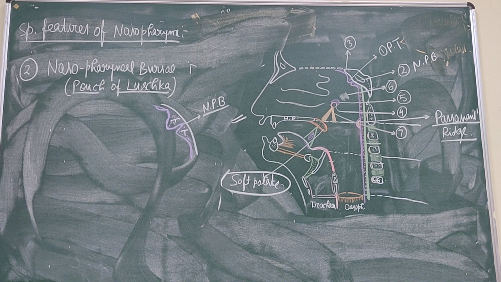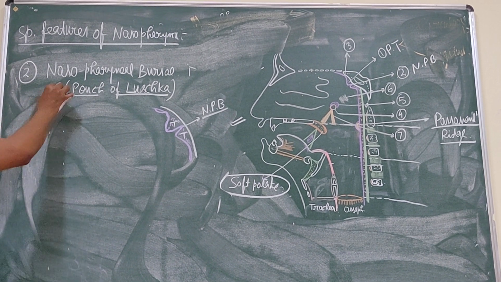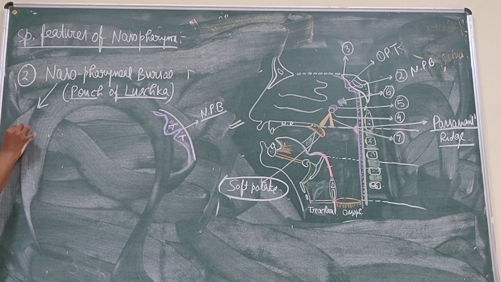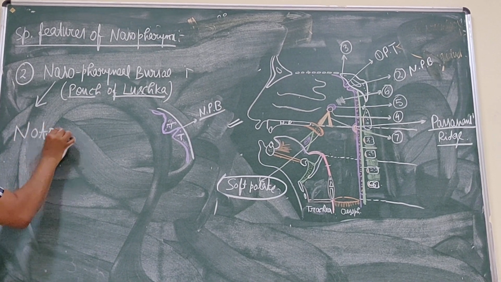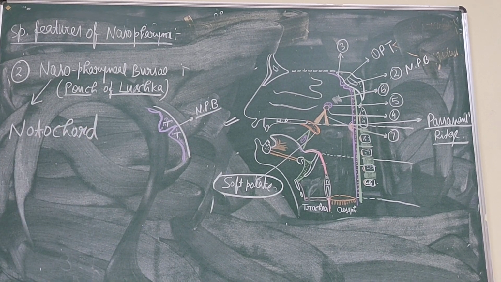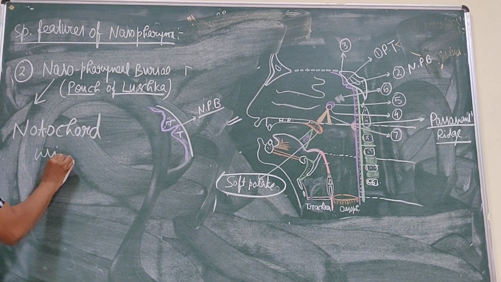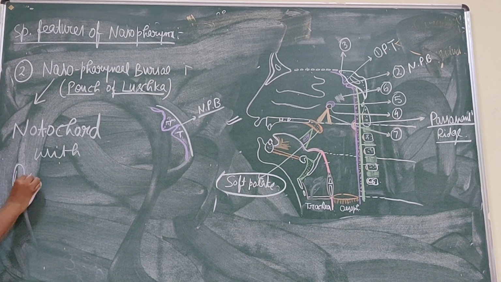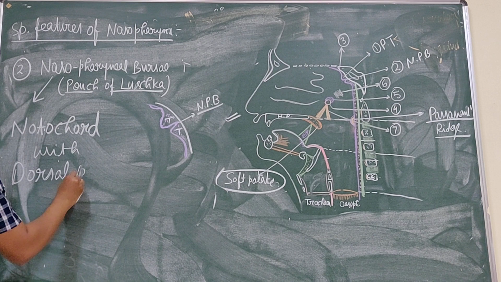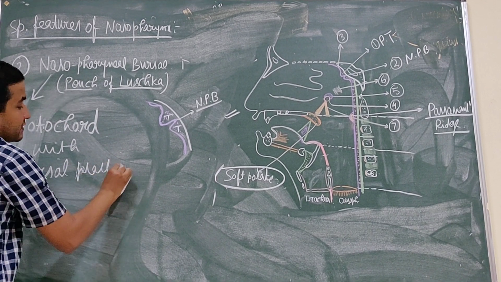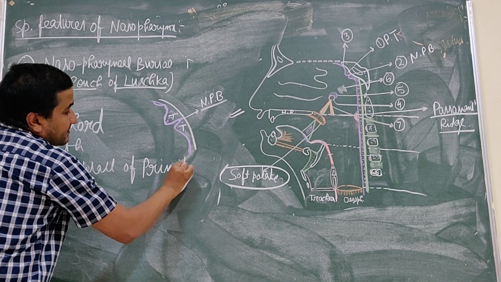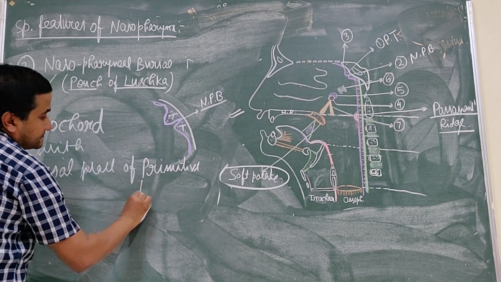This nasopharyngeal bursa embryologically represents the junction of the union of the notochord with the dorsal wall of the primitive pharynx, the early stage of the pharynx.